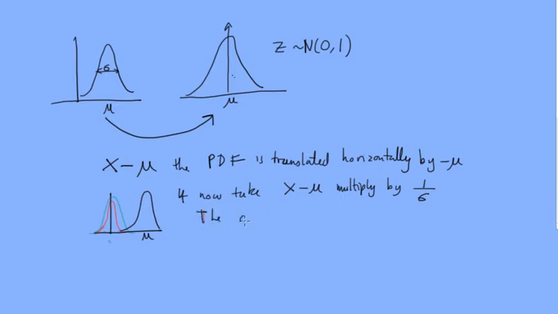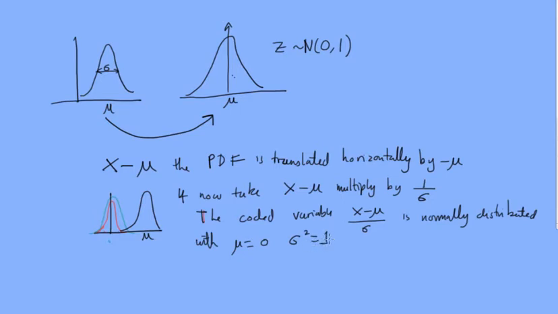The coded variable x minus mu over sigma is now normally distributed with mean equal to 0 and variance equal to 1.